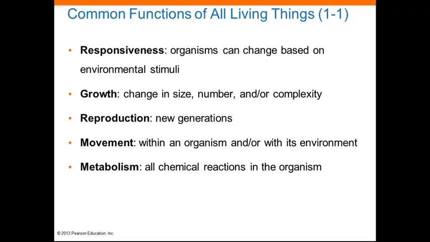Metabolism uses resources it absorbs from the environment. It uses respiration for cellular production of energy. The organism is going to excrete waste products left over from any chemical reactions. That all falls under the umbrella of metabolism, and all living things have some metabolism.